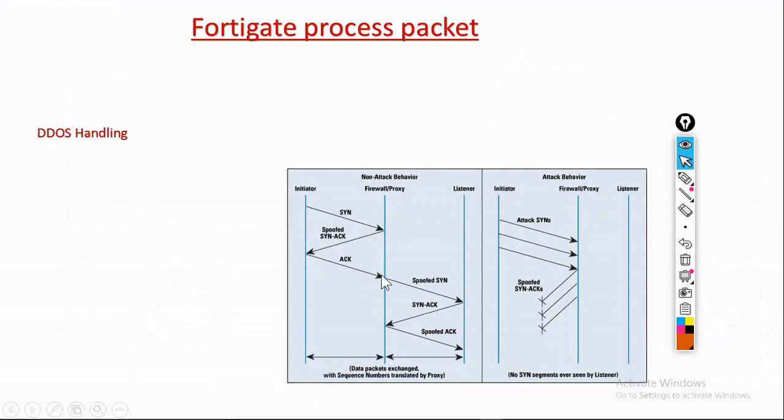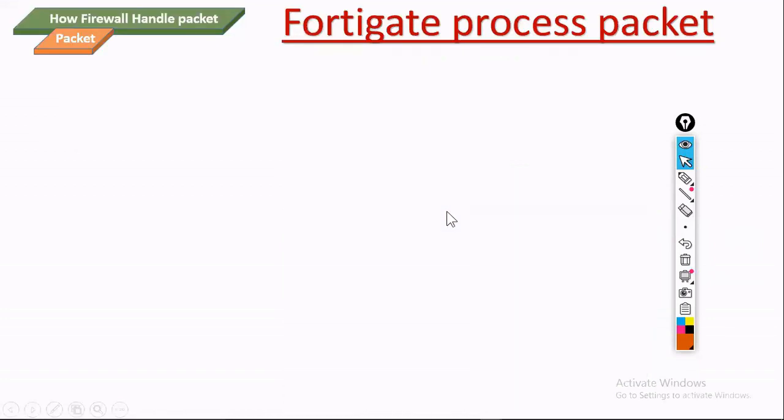The firewall acts as a proxy, and the firewall will not create a session until the complete reply comes back. Here the ACK came, and it sends the packet to the client, but in this case the firewall will not send the packet to the server until the client completes the three-way handshake. No SYN segment is ever seen by the listener. The packet will be dropped by the firewall. So all these things are handled by the IPS engine.